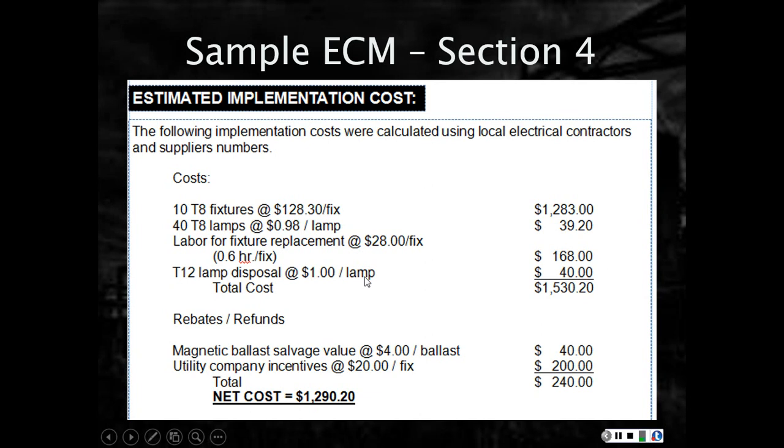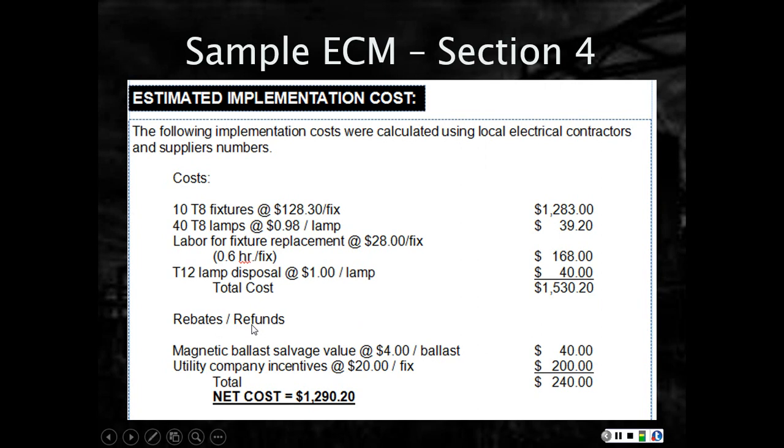The T12 lamp disposal at $1 per lamp, because they do have mercury in them, so it's going to cost us $40 for disposal at a total cost of $1,530.20.